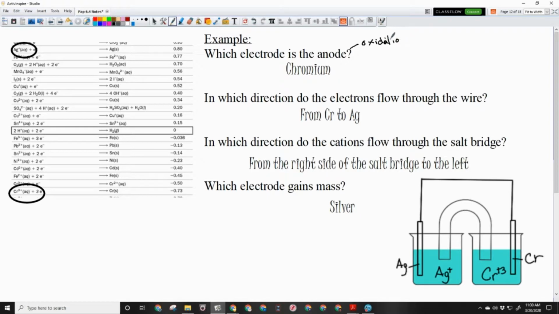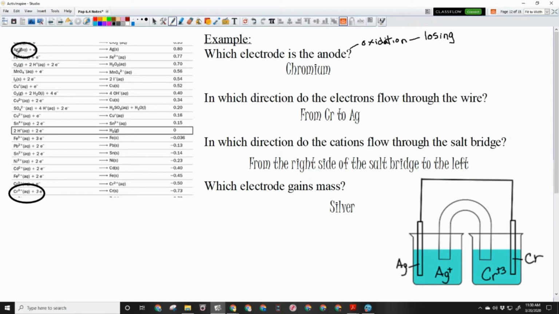Oxidation, and we know oxidation is losing electrons. So we're going to have to figure out which side is losing electrons and which side is gaining electrons. So we're going to go to our standard reduction potentials and find silver and chromium. Here's silver and here's chromium.